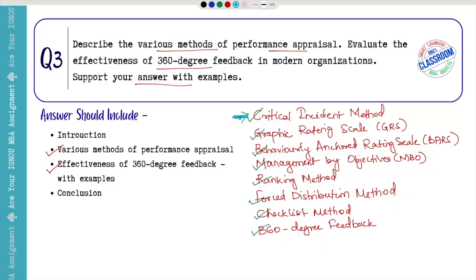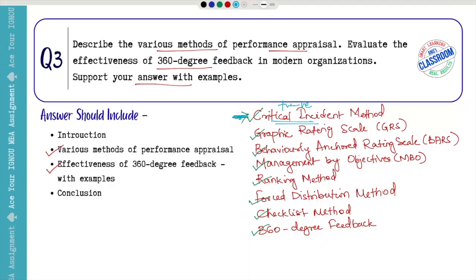You are not judged based on only the last match or the very last performance. Based on all that you have done, you are going to be appreciated. So that is the critical incident method. Any kind of critical incident that has come up, positive or negative, will be monitored and written down, and accordingly an evaluation will be given.